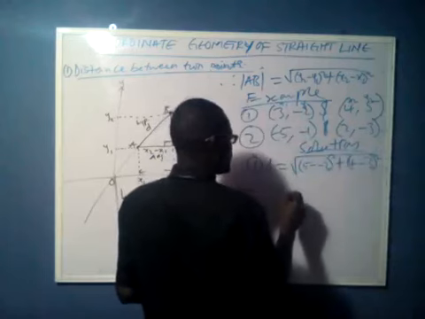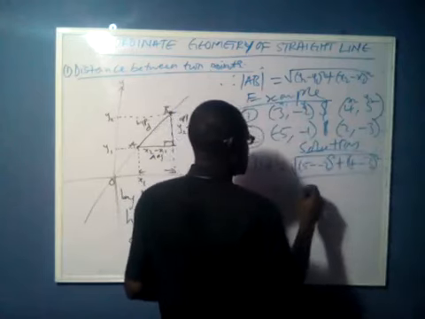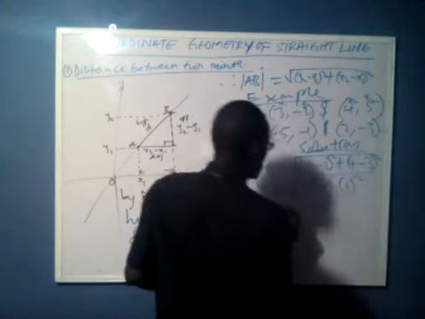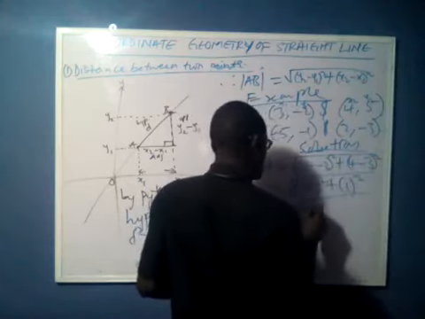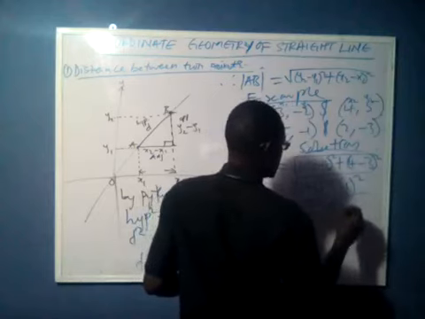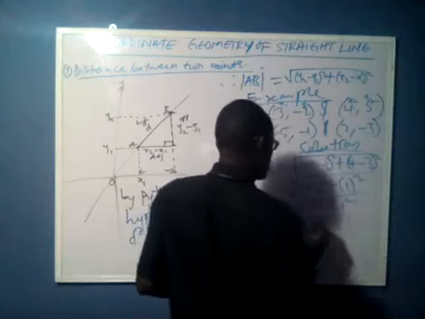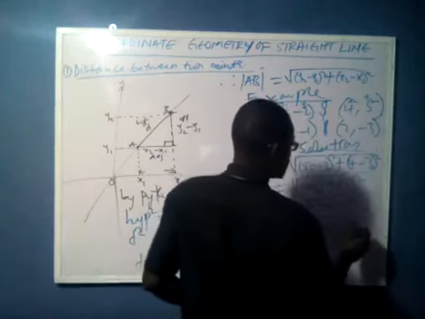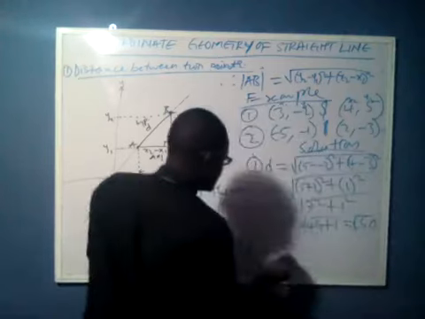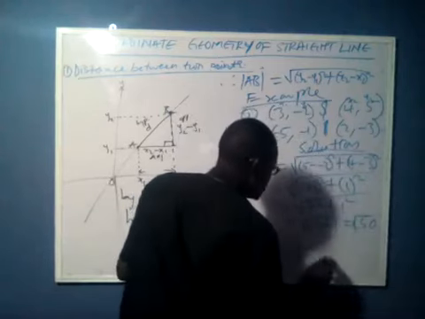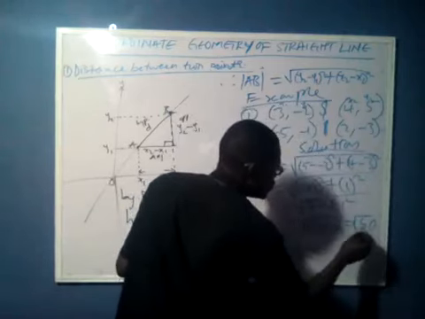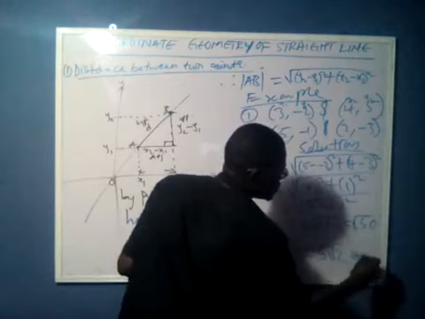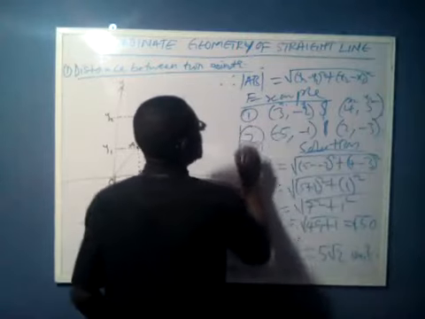And so that's the square root of (5 plus 2) all squared plus 1 squared, which is 7 squared plus 1 squared. So that's the square root of 49 plus 1, and so we have the square root of 50. Therefore the distance in number 1, you can have 2 times 25 here, that will be 5 root 2 units.